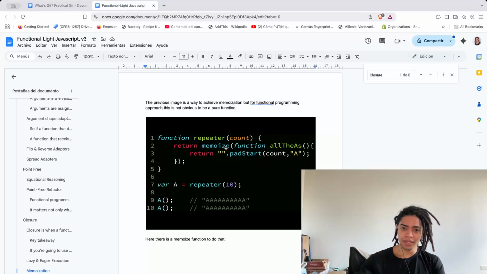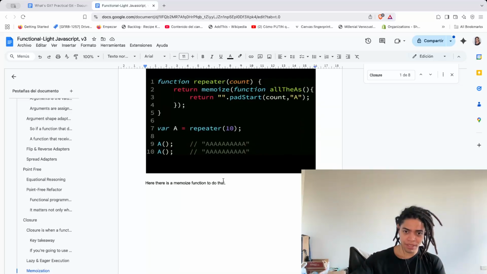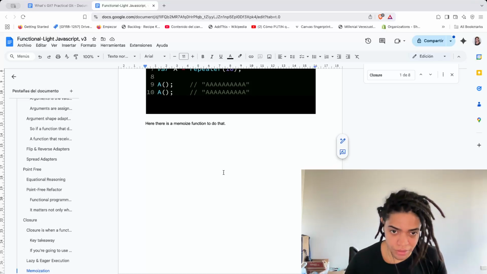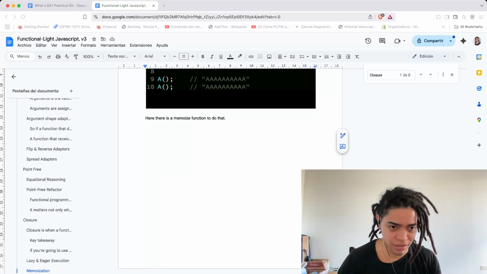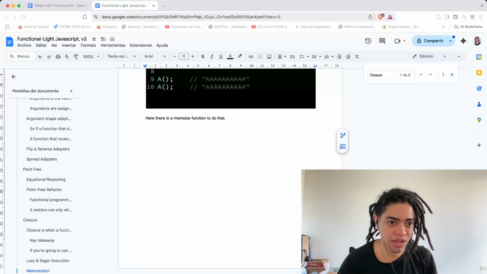The whole idea here is that it's going to close over variables and cache the result when you need to compute them. And then, okay, now we're going to talk about another concept, which is called referential transparency.